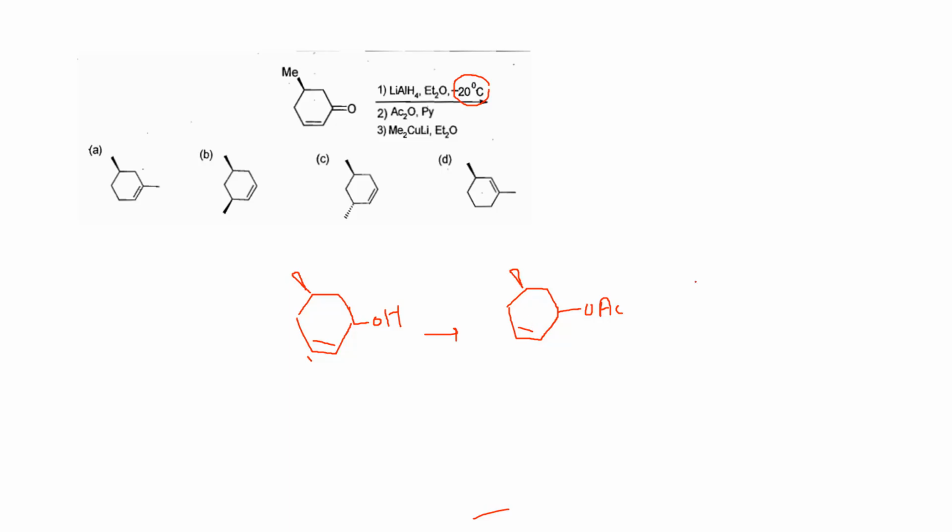Now as Me2CuLi is added, you can consider this as an ester. So it will attack this position and it comes up here and OAc will be removed from the system. Now as methyl is already above the plane, it will come from below the plane. So this is after step 1, step 2, and this is after step 3.